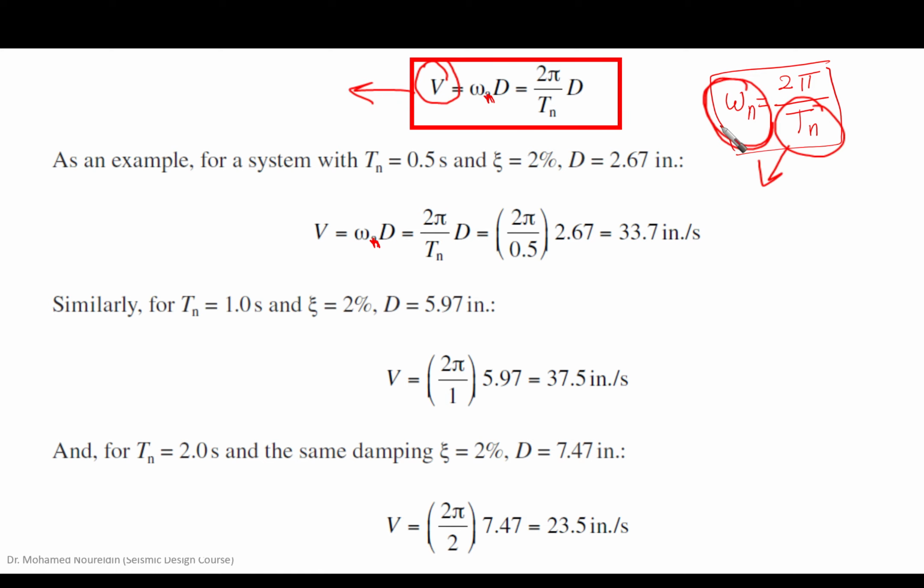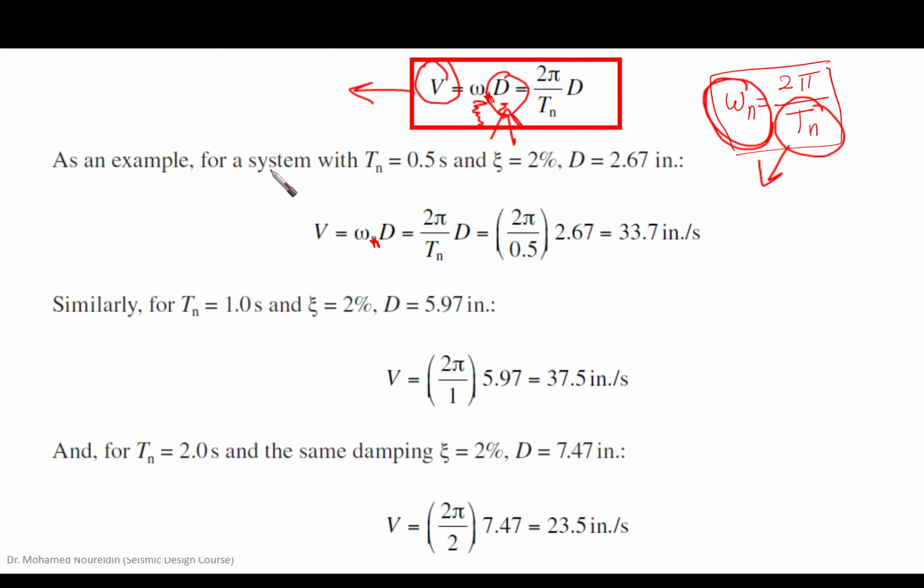So the velocity is easy to calculate. It equals omega n times D, and D we have already obtained from the previous slide, the deformation response spectrum. So the pseudo velocity equals 2 pi over Tn times D.